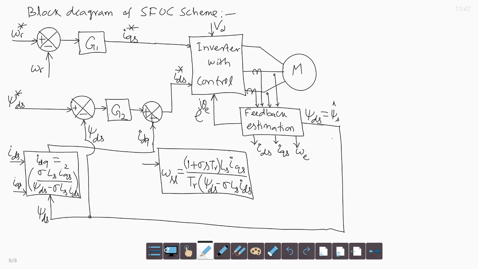So, inputs are IQS and IDS and output is omega sl, the slip speed. So, we have the estimated omega e minus omega sl as the speed omega r, which goes for the speed controller. So, this is the complete scheme of stator flux orientation control. Thank you for attention.